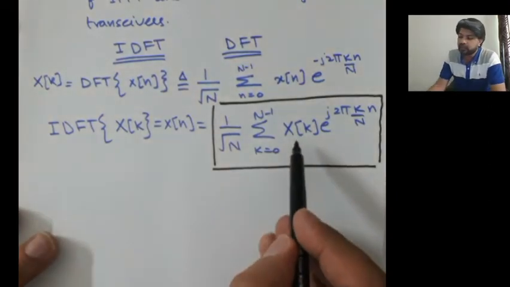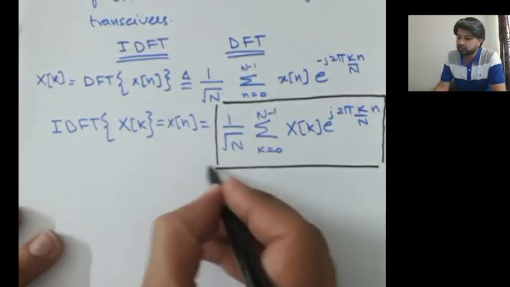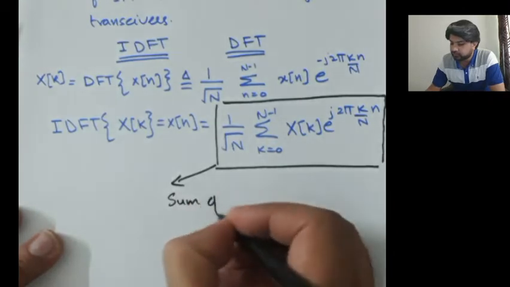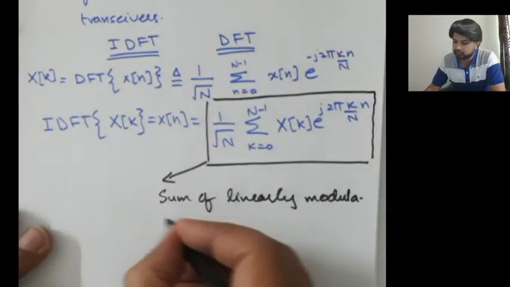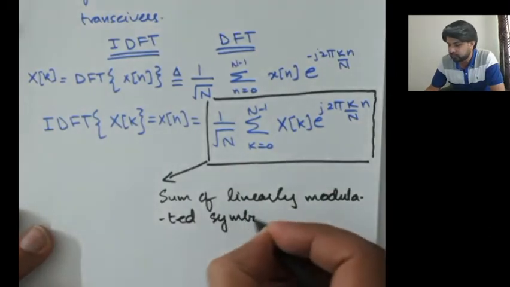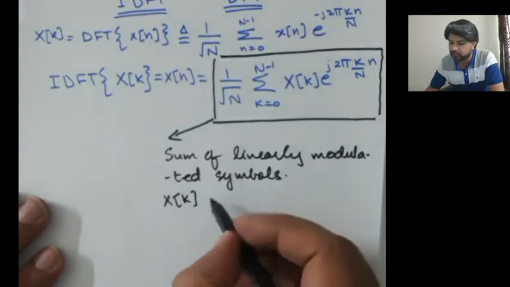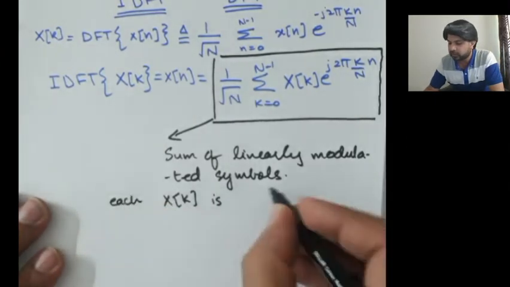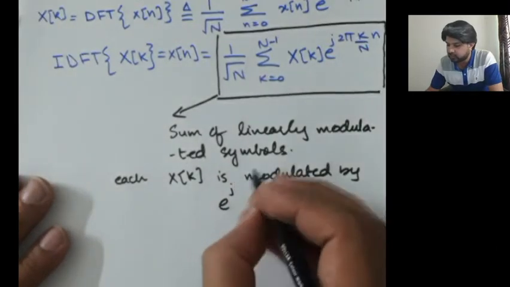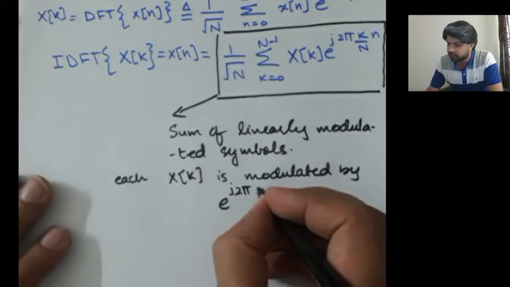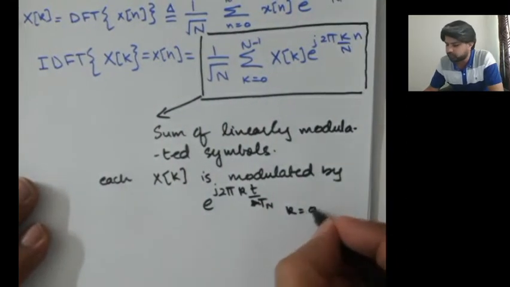Each X of k can be thought of as a linearly modulated symbol, and each X of k is modulated by the carrier e to the power j 2 pi k t over NT, where k ranges from 0 to N minus 1.